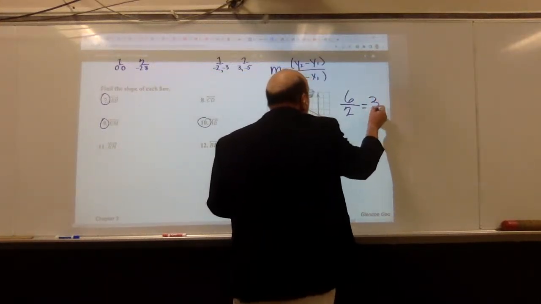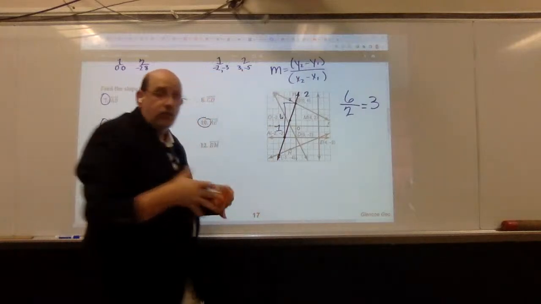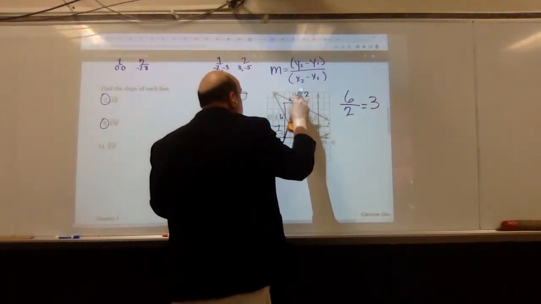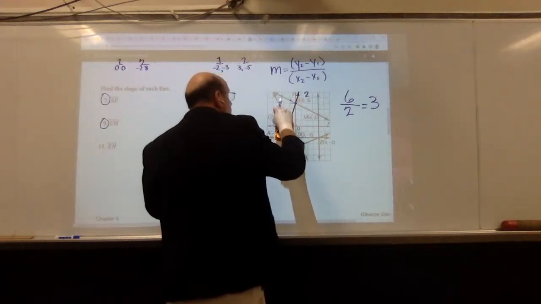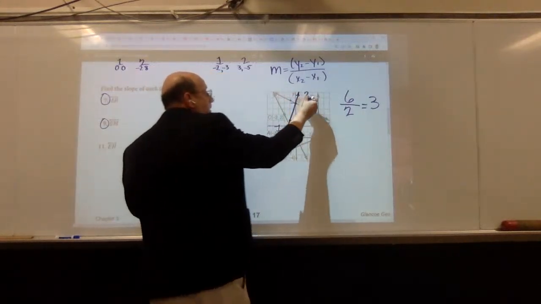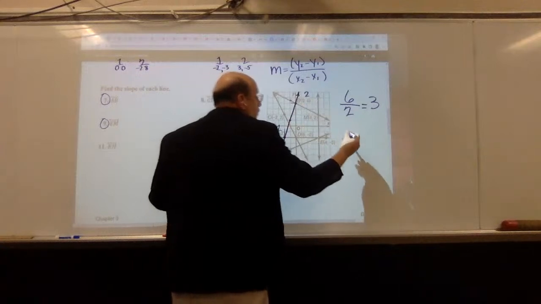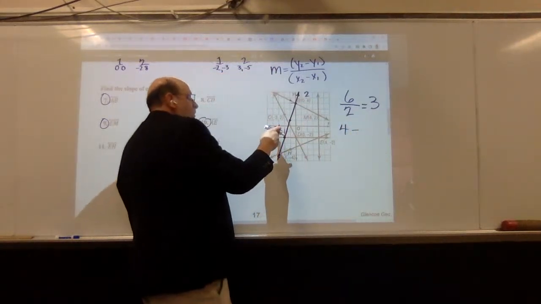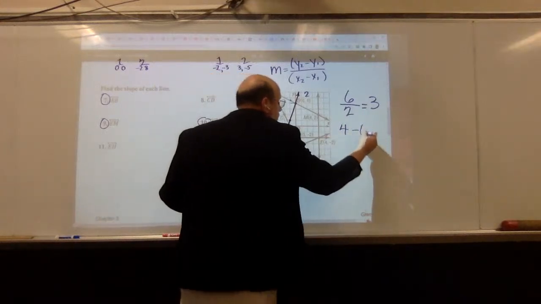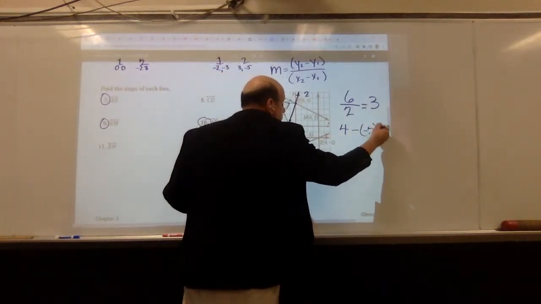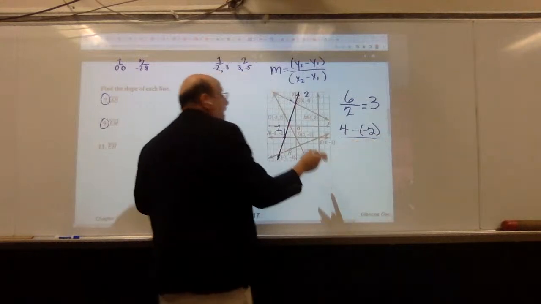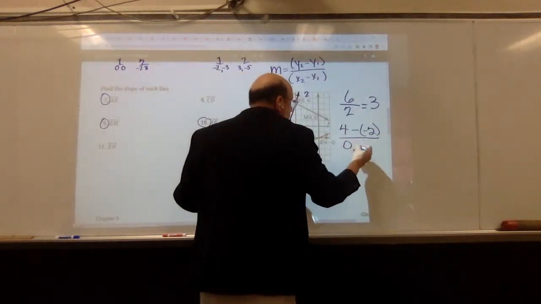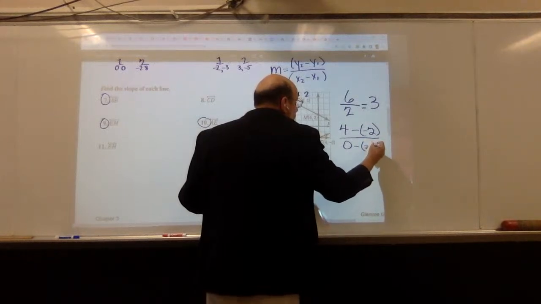Now, I'm going to use this formula and do the same thing. I'm going to take these two coordinate pairs just like it says, and I'm going to do some math. Y2 is 4, minus y1 is -2. And x2 is 0, then minus another -2.